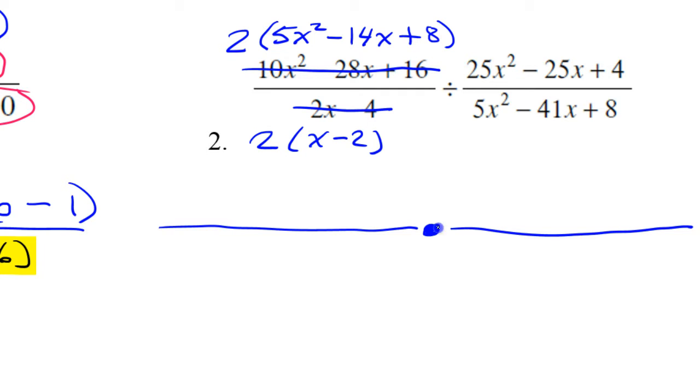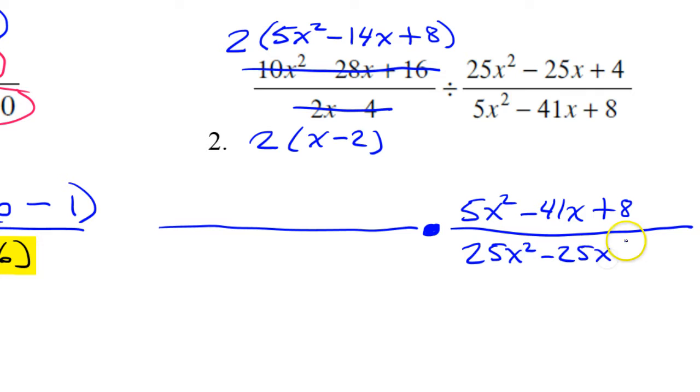Okay, so I'm going to make this multiplication, and the 5x squared minus 41x plus 8 will actually be up here, and the 25x squared minus 25x plus 4 will be down here. You multiply by the reciprocal; you turn the second fraction upside down.